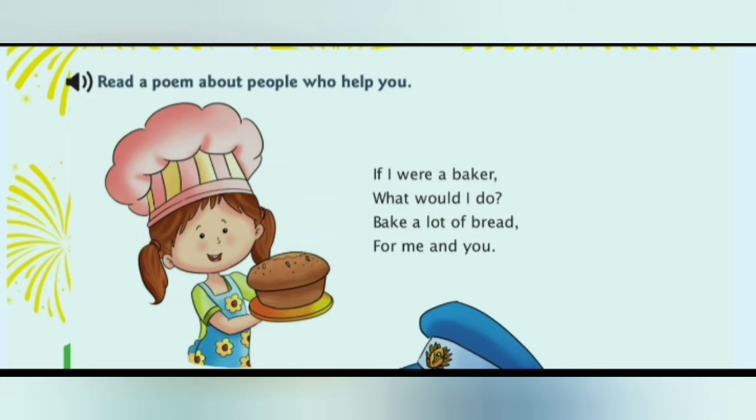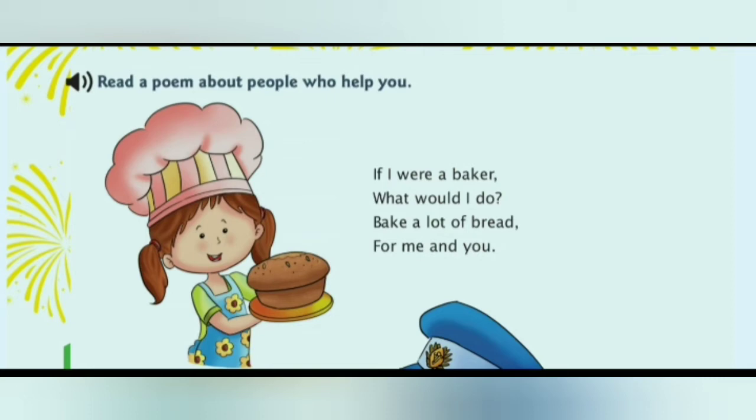If I were a baker, what would I do? Bake a lot of bread for me and you. So this is a slow process.